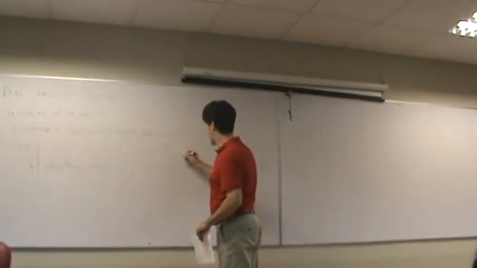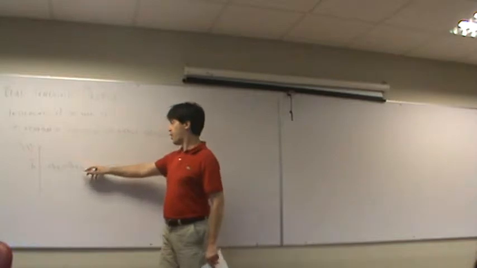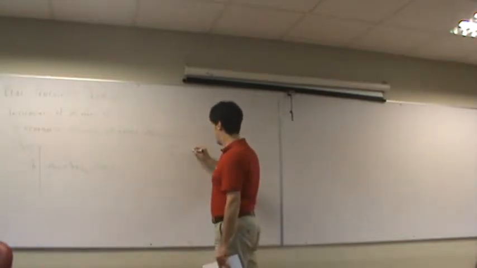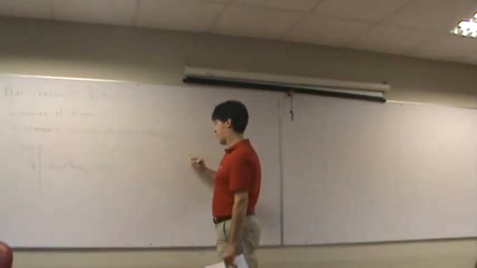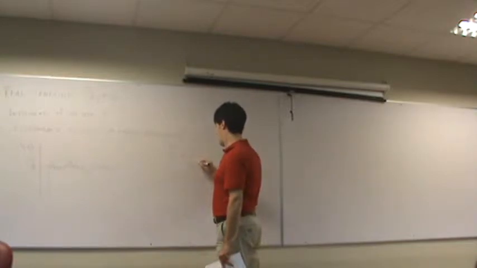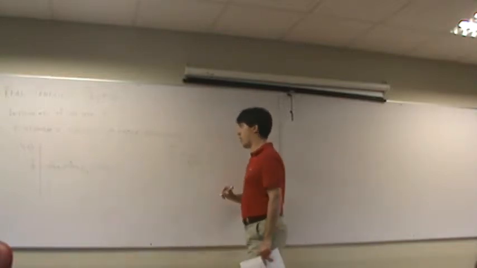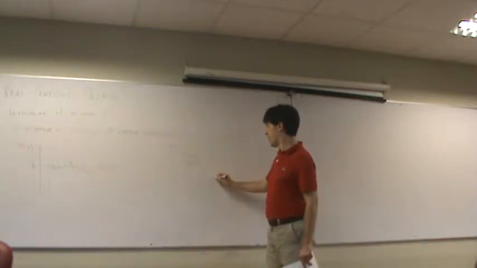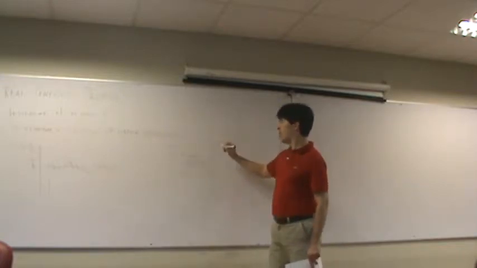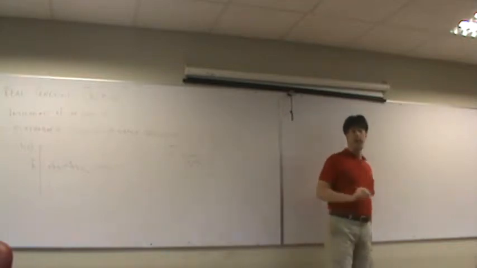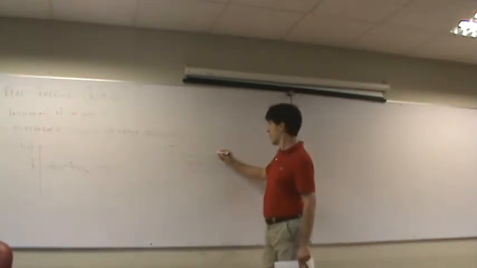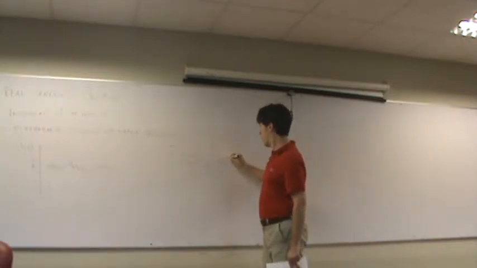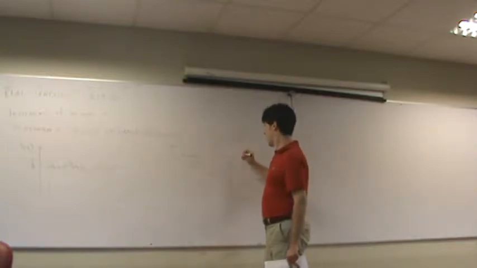This is a continuous function, so this will be 1 divided by x2 minus x1 times the integral, as the average value is always defined, integral from x1 to x2 of h(x) dx.